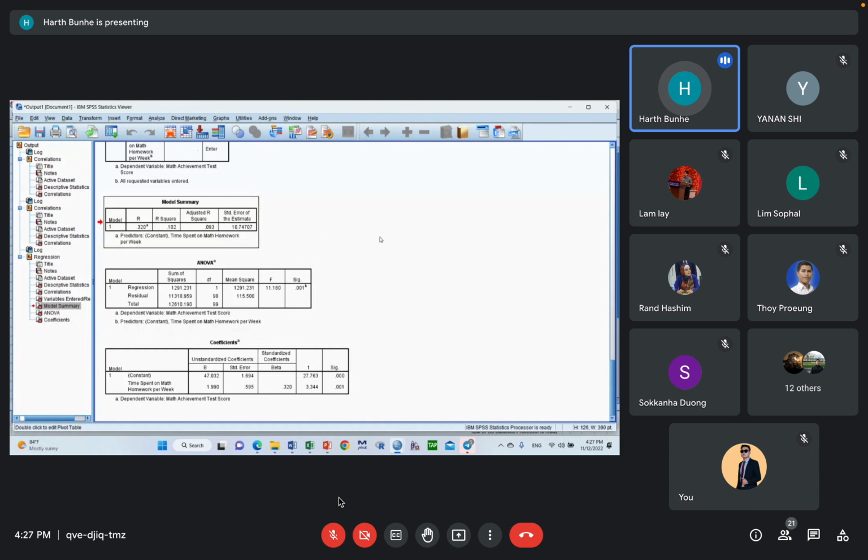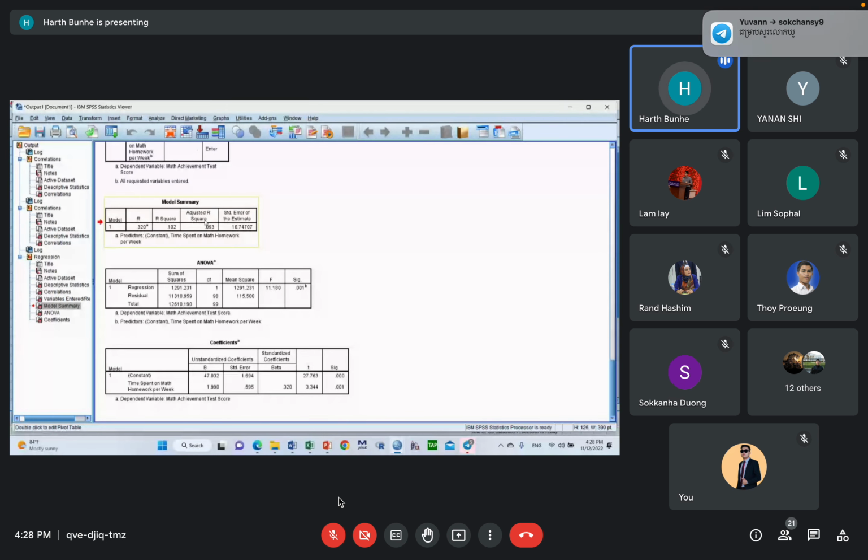With the model summary, you just inform the reader that time spent on homework accounted for math achievement within 10.2%. Within this table, you can inform the reader that time spent on homework, or time spent on assignments, predicts math achievement only 10.2%.